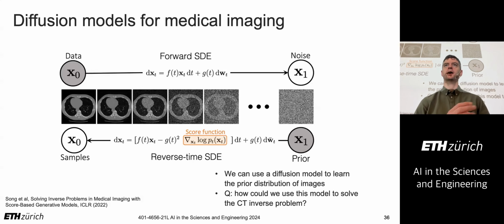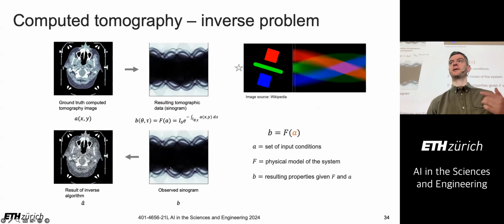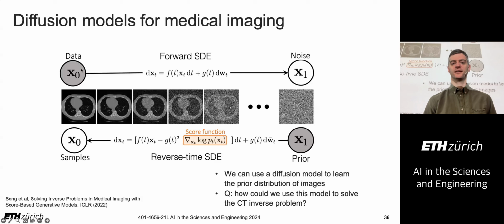But the problem is, if I just train that diffusion model as it is, when I sample it, I'm just going to get a random image. At the moment, I don't have a way to incorporate the sinogram into this workflow so that it doesn't just produce a random image, it actually produces the image that I want, the result of the inverse problem.